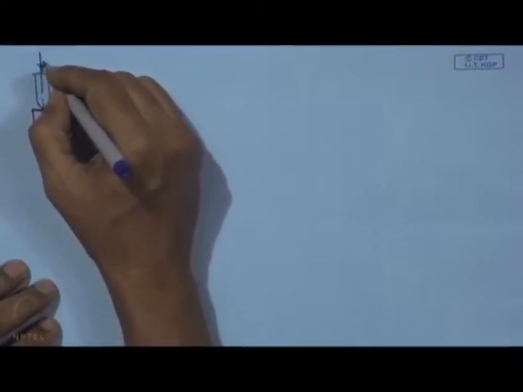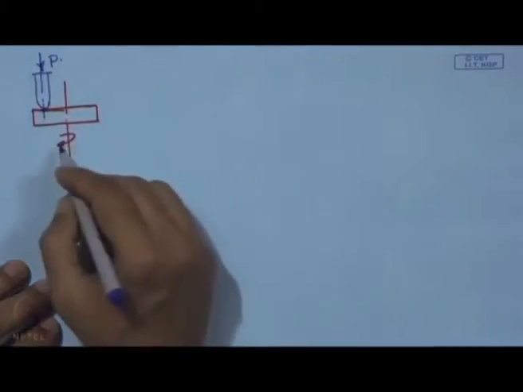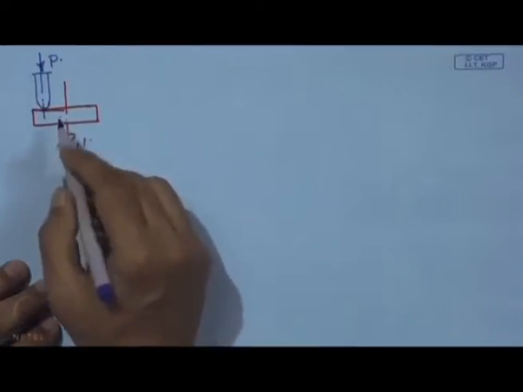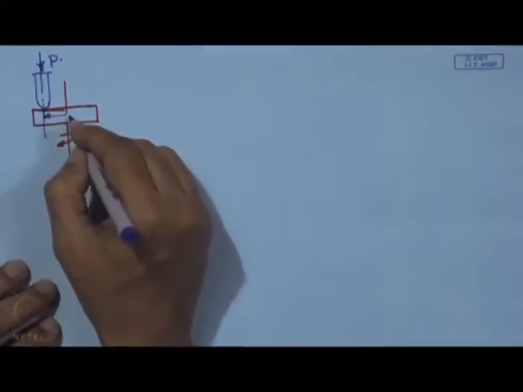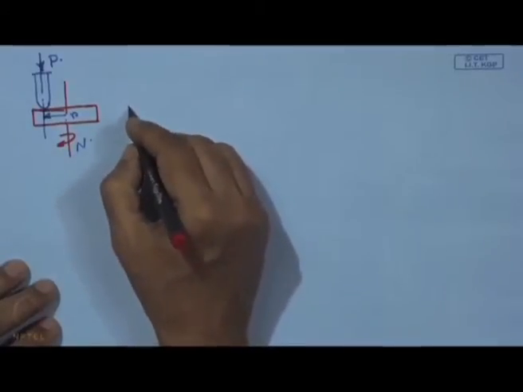This pin is loaded with a force P, and this is an RPM N, and this is the radius where the pin is in contact. Instead of that pin we can also have one ball.